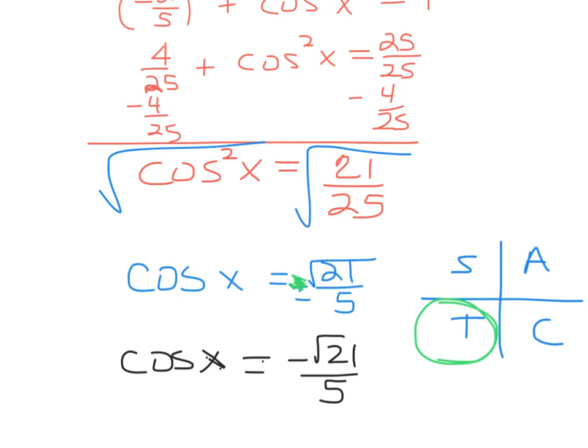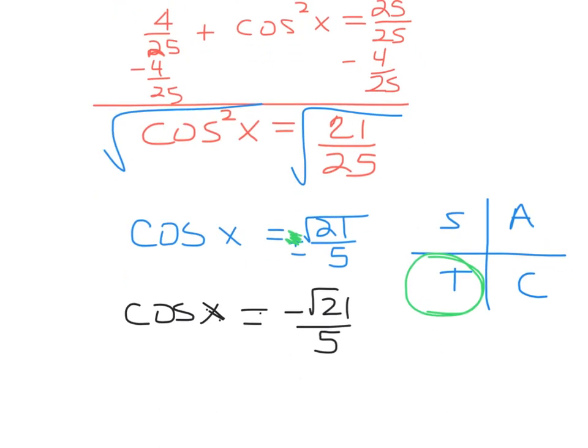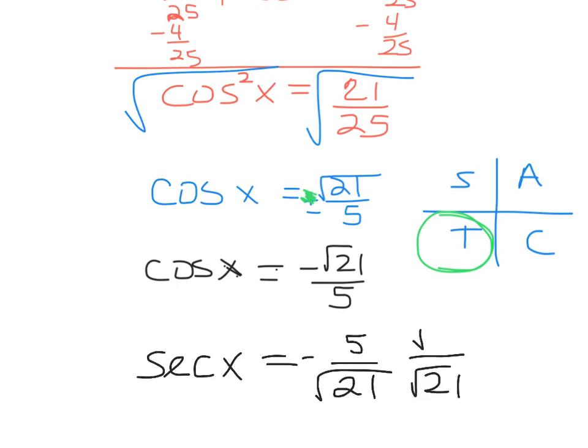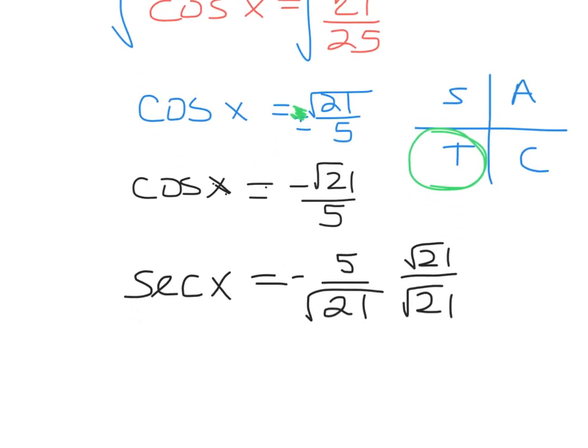But the problem did not ask for cosine. It asked for secant. And remember, secant is the reciprocal of cosine. So I'm going to flip it upside down. And now I have to rationalize. Multiply the top and the bottom by square root 21.